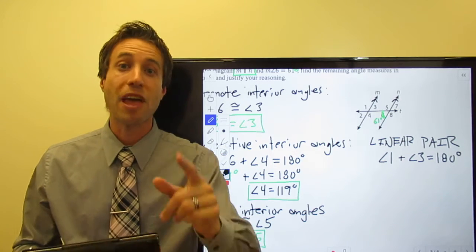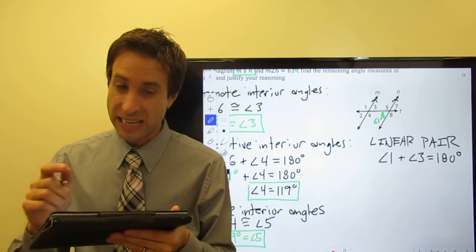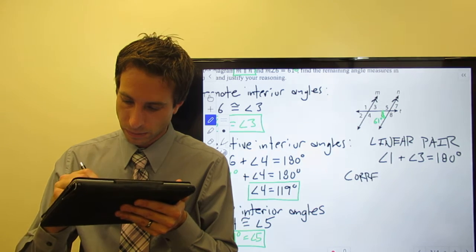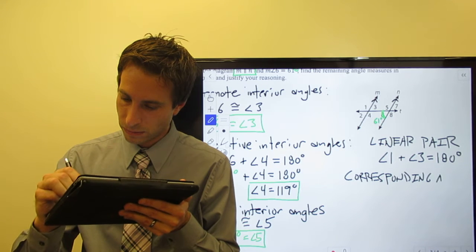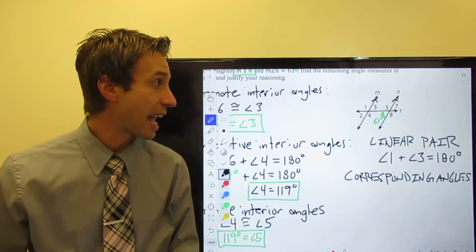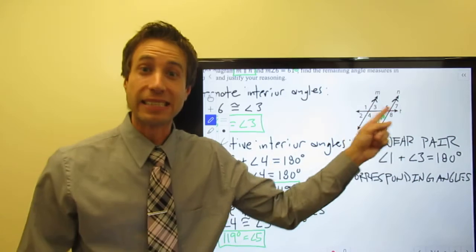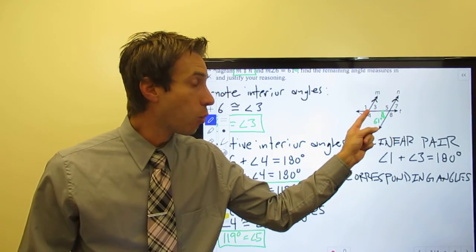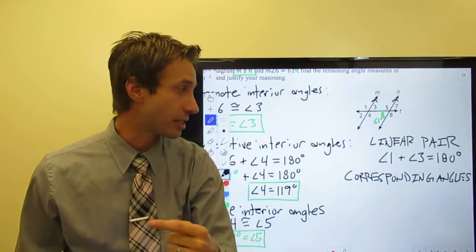I could do that. I could also do corresponding angles. What if I did this? Angle 5 is in the top left-hand corner of this intersection. Angle 1 is in the top left-hand corner of a different intersection.